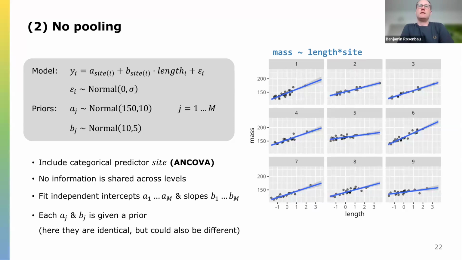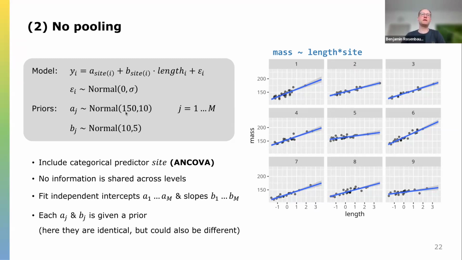Second model, this would be a classical ANCOVA analysis. We just include the categorical predictor site also as a fixed effect. So in a classical framework, if I include this as an interaction, we get a site-specific intercept and a site-specific slope, but they are independent of each other. Again, we have priors. They are the same for all sites, but you could also choose different ones. However, they are true priors, right?